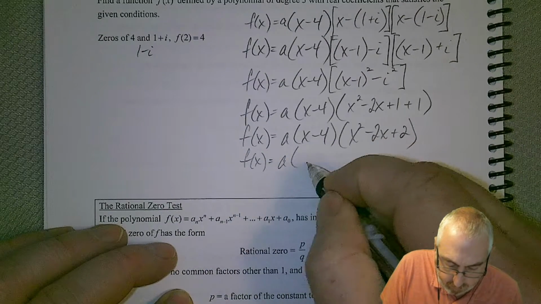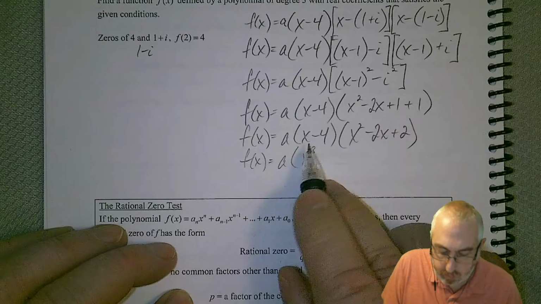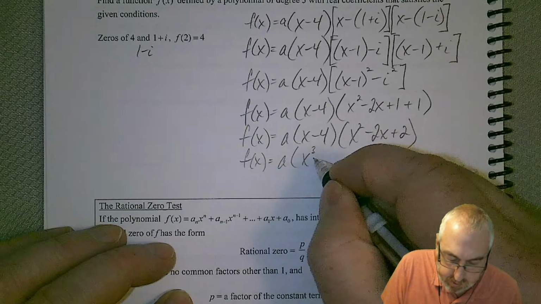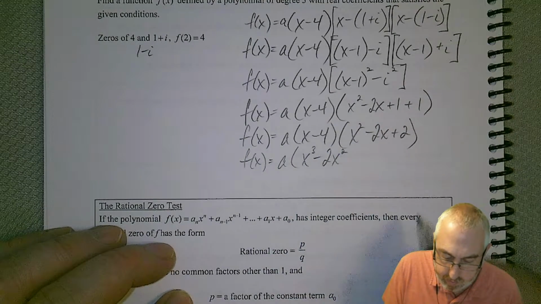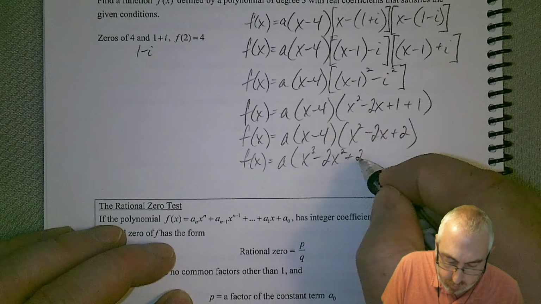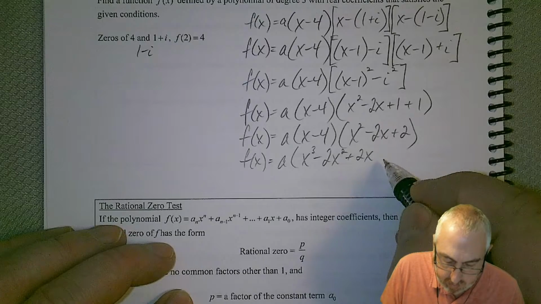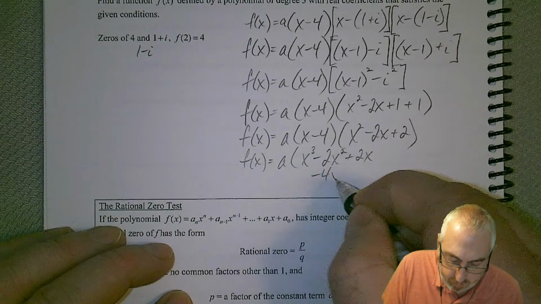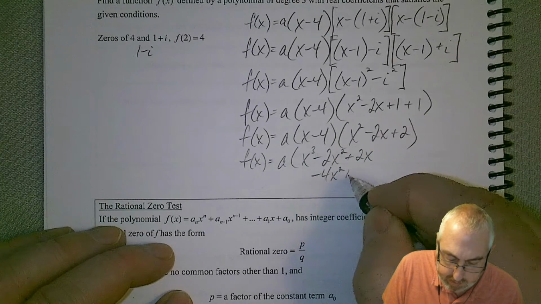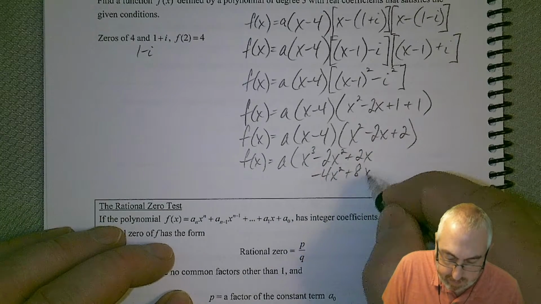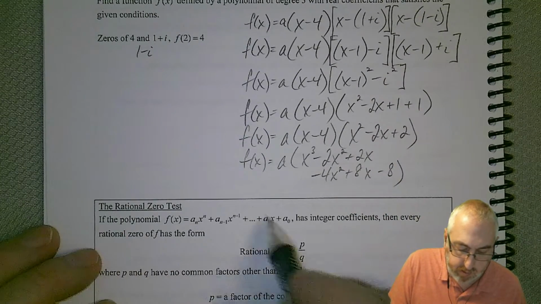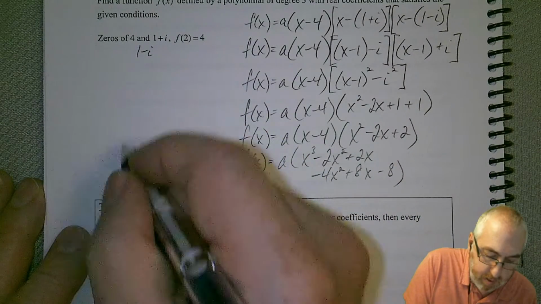If we FOIL all this out, x first, we'll get x cubed minus 2x squared plus 2x. And then if we multiply the negative 4 in, negative 4x squared plus 8x, and then minus 8.